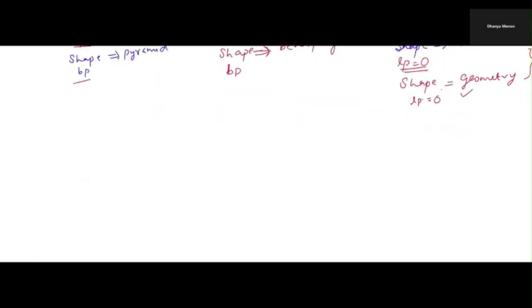Now, the next question is why there is change in angle. We saw that in methane the bond angle was 109.5 degree.